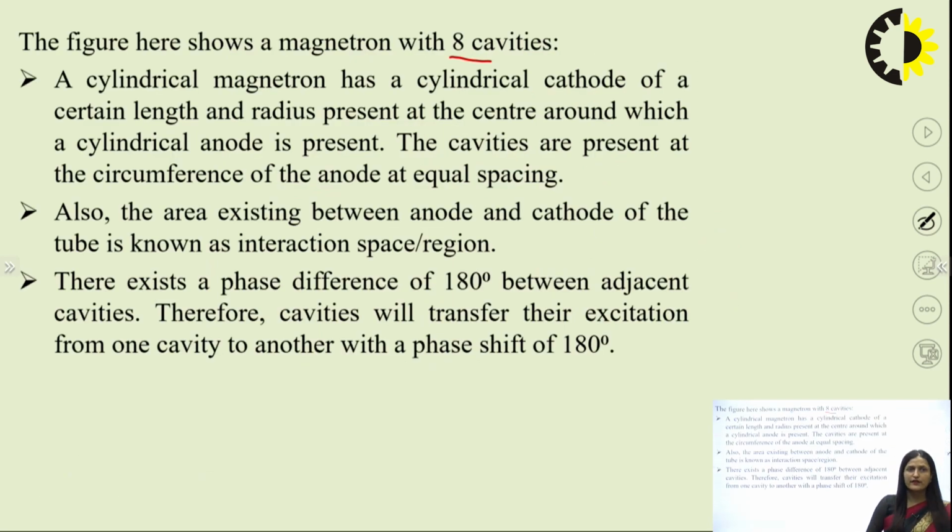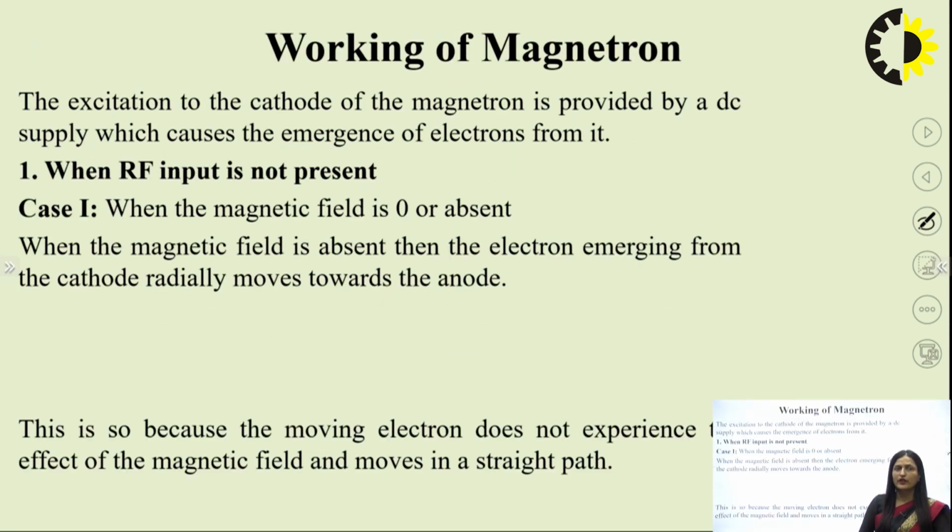There exists a phase difference of 180 degrees between adjacent cavities. So if 8 cavities are present, the phase difference between adjacent cavities should be 180 degrees. Therefore the cavities will transfer their excitation from one cavity to another with a phase shift of 180 degrees. So, the working of a magnetron: the excitation of the cathode is provided by a DC supply which causes the emergence of electrons from it.